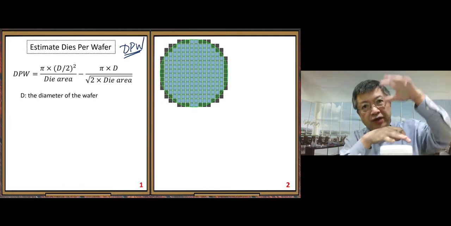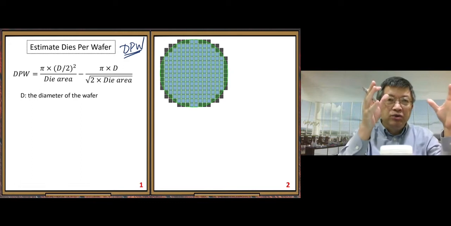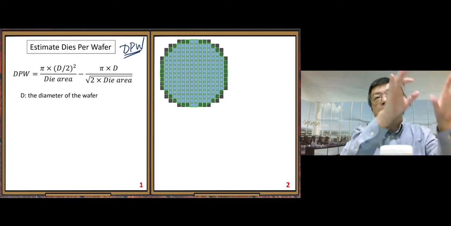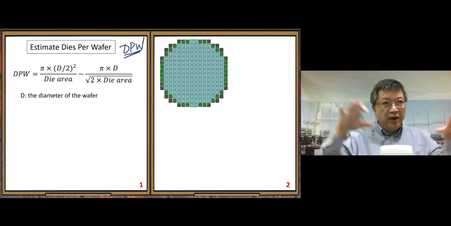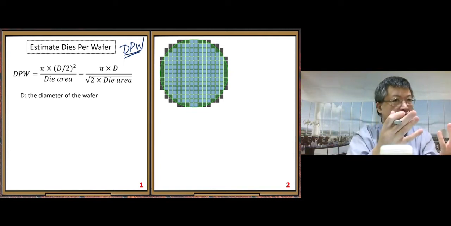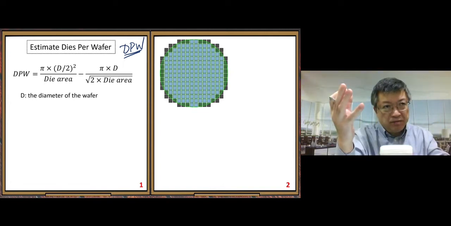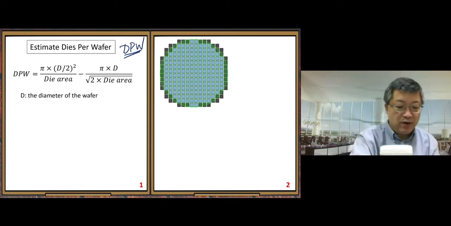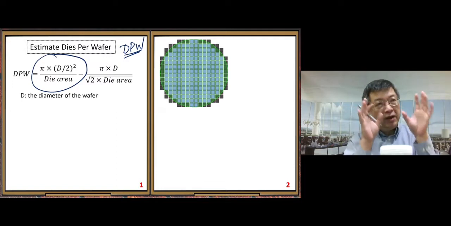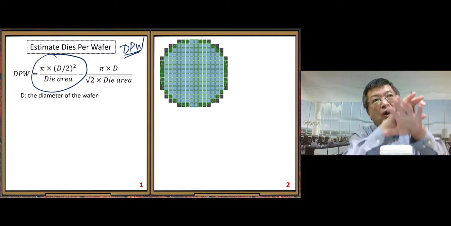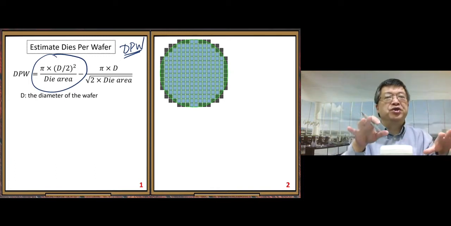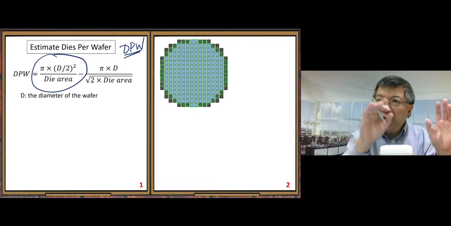When you do this division, you assume you use all the area of a wafer to produce all possible dies.